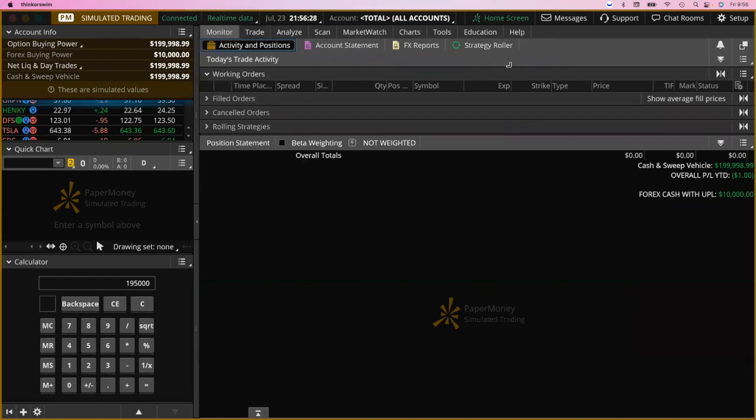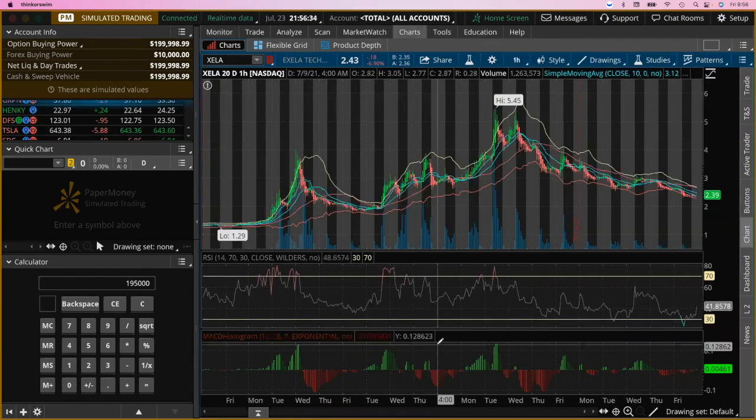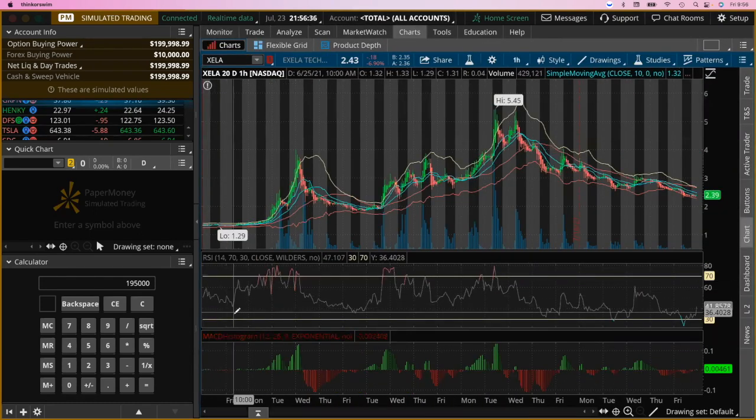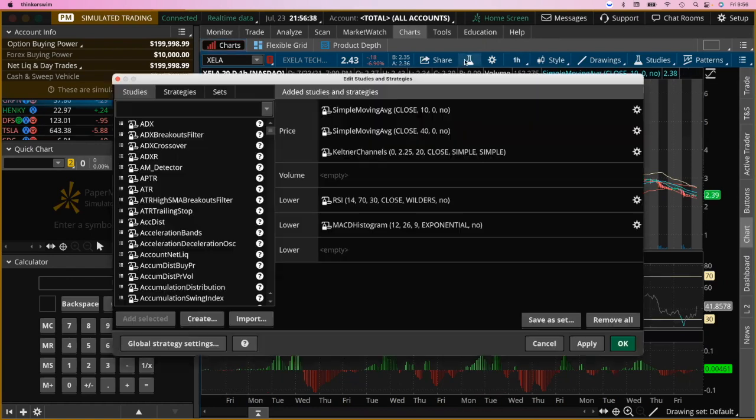Same thing applies for my TD Ameritrade. Let's see. My charts, they're the same thing: RSI, MACD, my moving average, and Keltner channels. That's it.